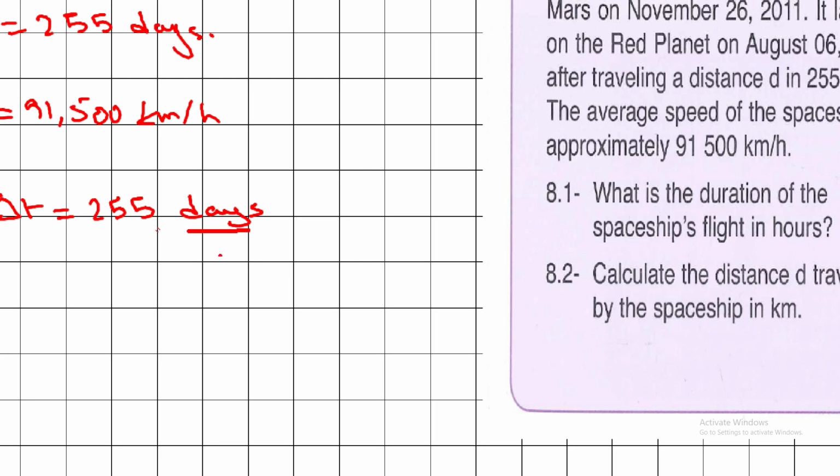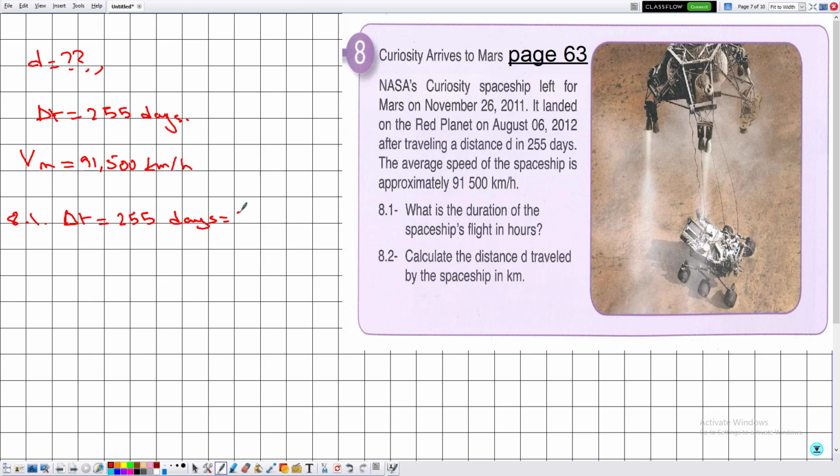Knowing that each day includes 24 hours, 255 multiplied by 24 gives 6,120 hours. So the duration delta t is 6,120 hours.